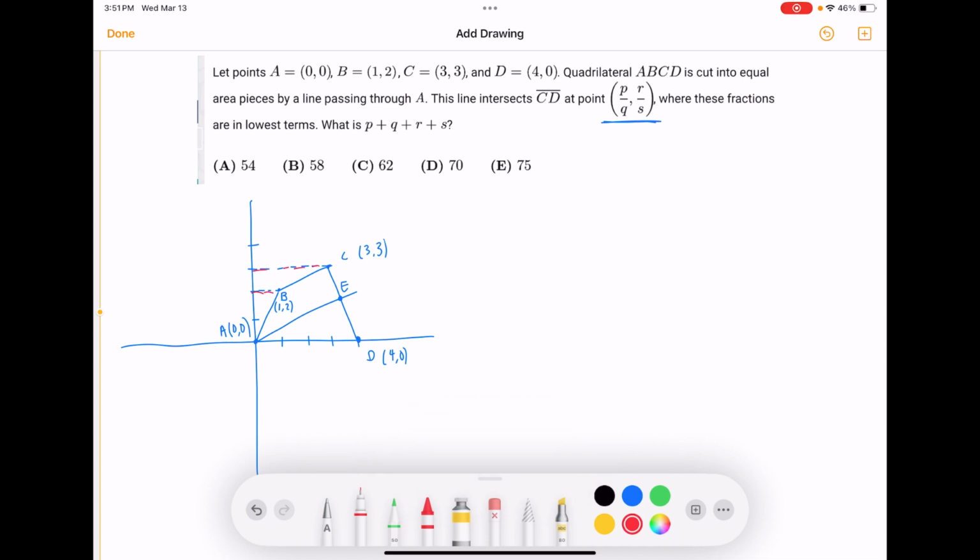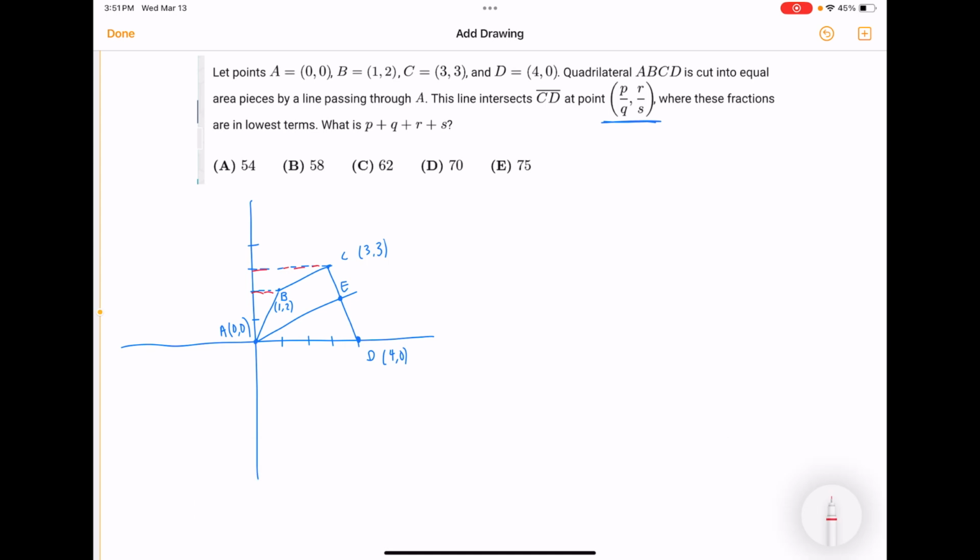So if you look at it, then we see that we have a big trapezoid, and then we have a smaller trapezoid, and then we have a triangle at the bottom.